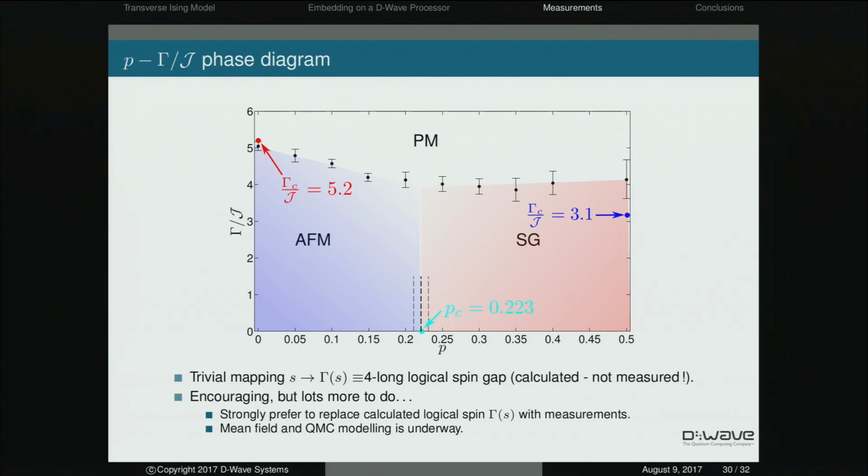Okay, so as I said here, it's encouraging. I think there's certainly lots more to do here. It's nice to be able to see that we're actually able to connect finally. We've built a very large-scale device, and we've finally been able to circle back and connect with more physical or natural type systems. We're actually simulating things that 20 years ago people were doing simulations on, transverse Ising models, and the connections to real experimental systems were quite difficult.